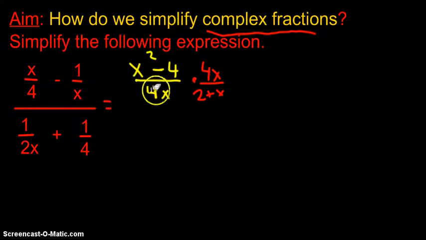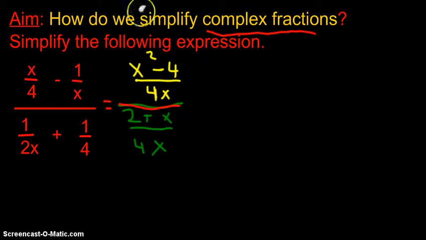So if I had to label some steps here to make this easier on yourself, I'd say create 2 fractions. Make a single fraction out of the numerator, a single fraction out of the denominator. Change that to multiplication by the reciprocal.